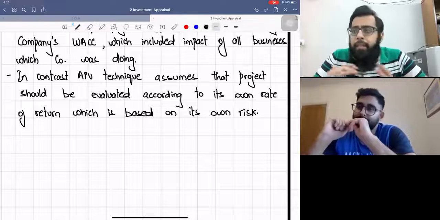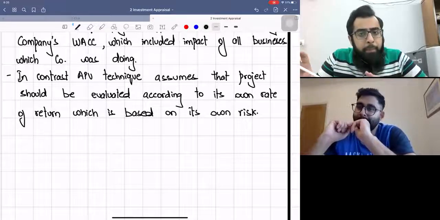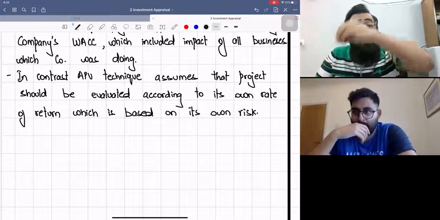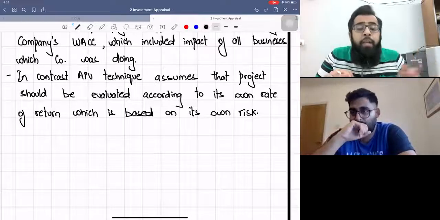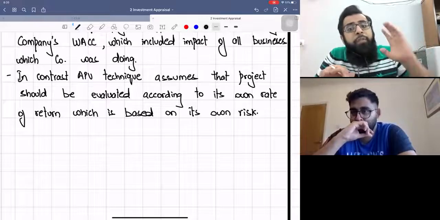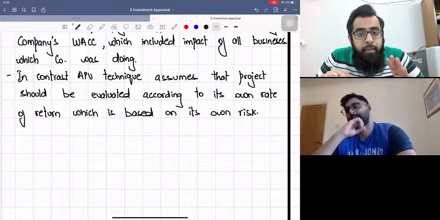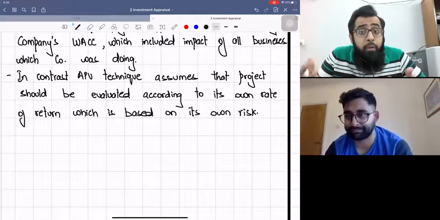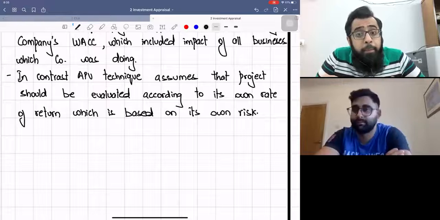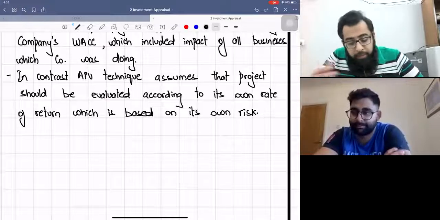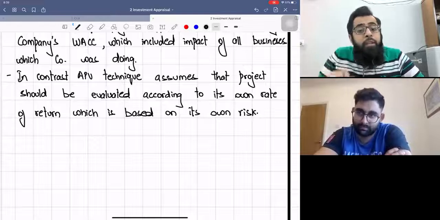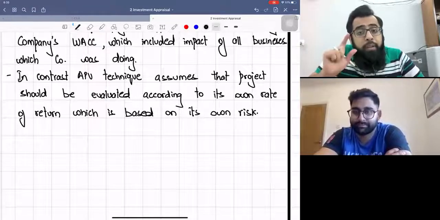Basically, the APV technique says that the company will raise the finance from the market, and the company will make an investment in the project according to the risk profile of that project. Now it is more logical, more justifiable and more accurate.